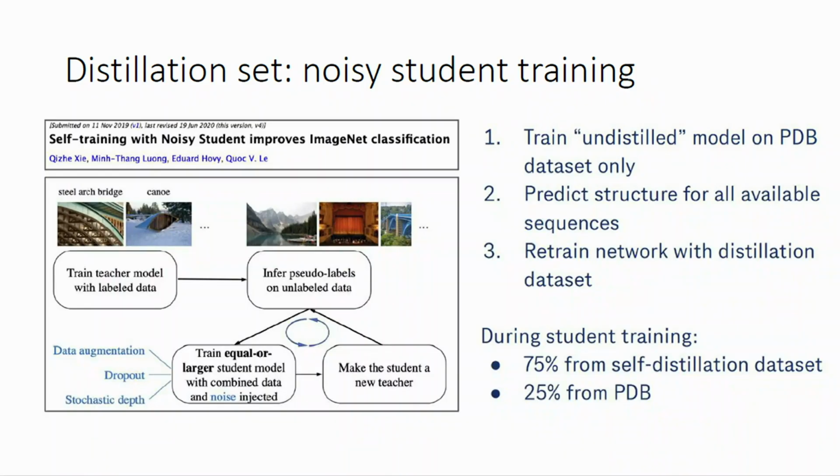So AlphaFold 2 uses this very smart trick of distillation, which is like self-distillation in machine learning, where basically what distillation means is you're training the model with your own predictions in some way, such that you make use of the noisy information of the landscape that you learned and use that to improve the robustness of the model.